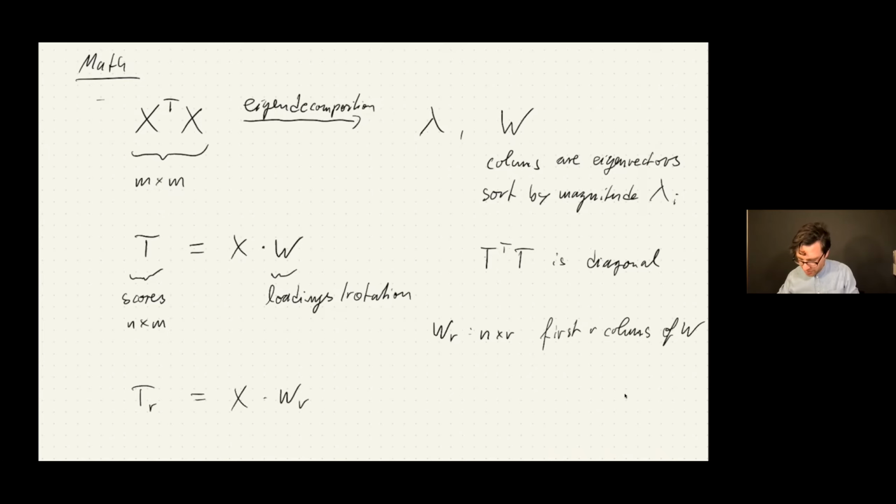And this object will be of shape n by R. And if we, for instance, select R equals 2, we have a two-dimensional representation of our data. Of course, this throws away some information, but most of the variability of our data is captured.